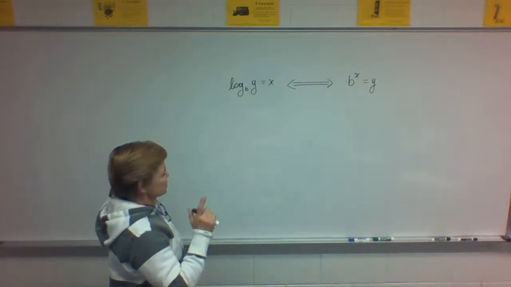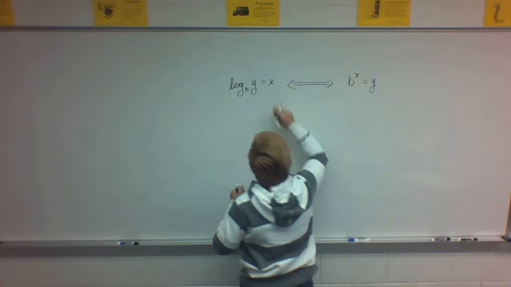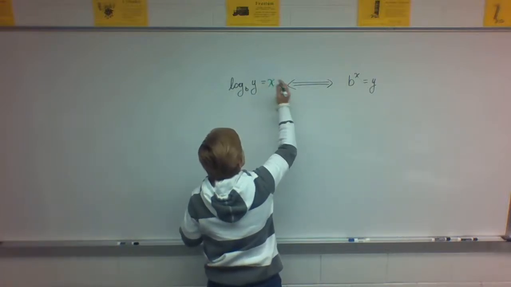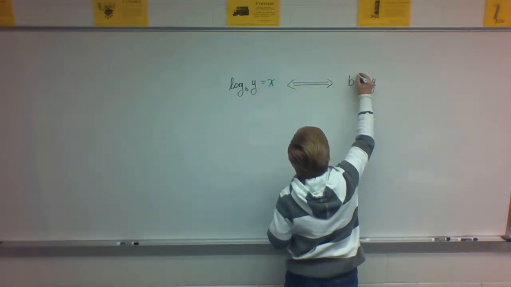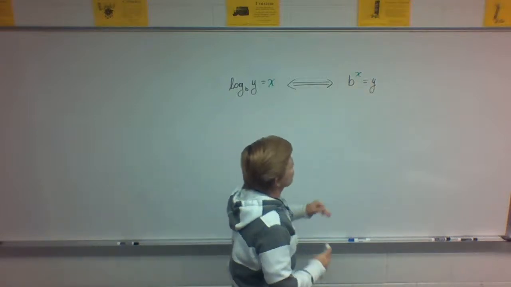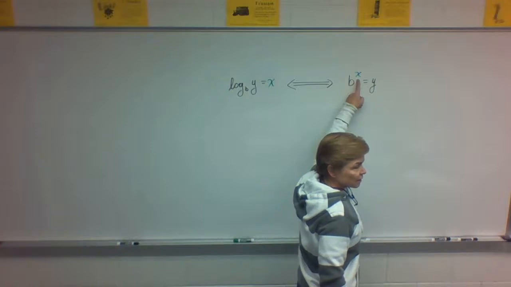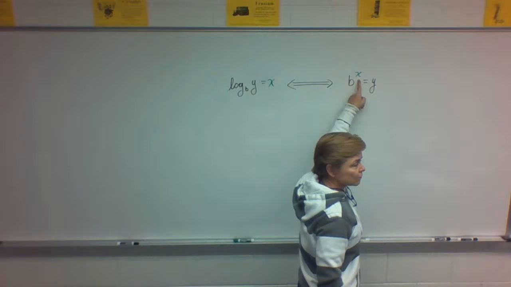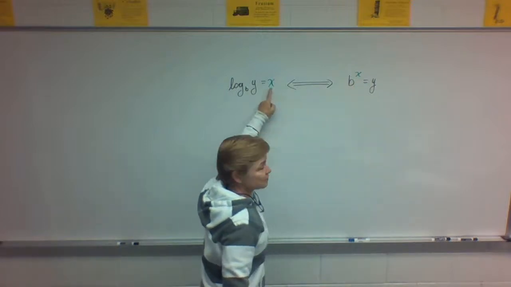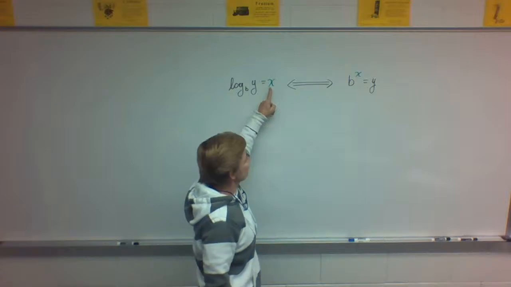But what I want you to notice is this. I'm going to change a color on something here. That's x. This is exactly the same x because they are equivalent expressions. In this one over here, what's the term we use for x? What is this thing? An exponent. Isn't this an exponent? Yeah. It's exactly the same x right here. Different form of that expression, but it's an equivalent form. This is an exponent.